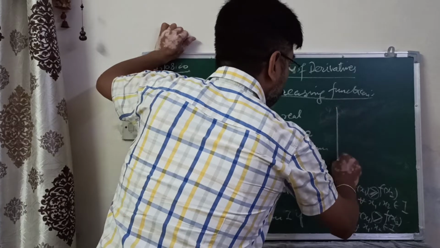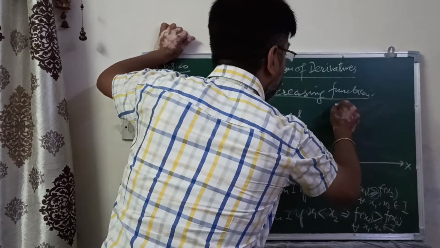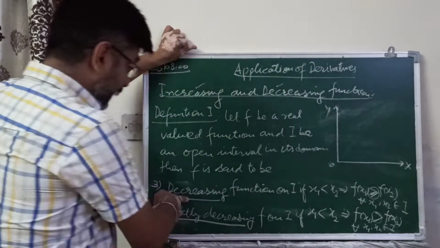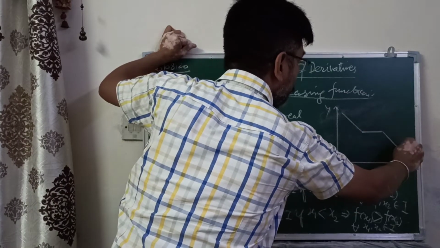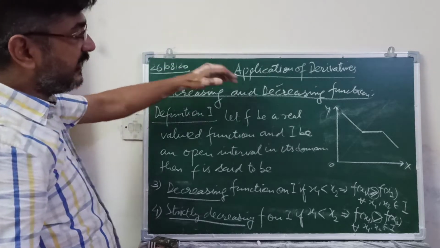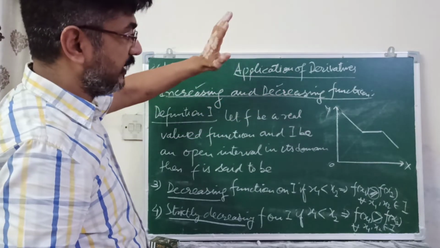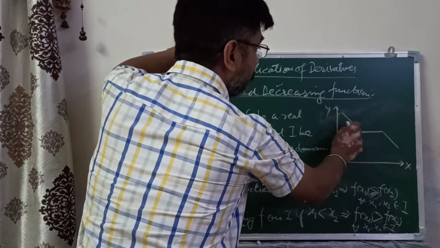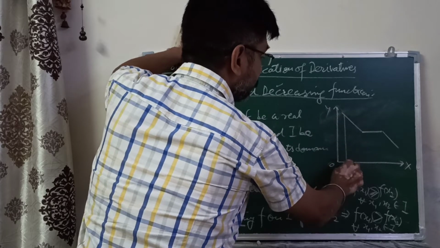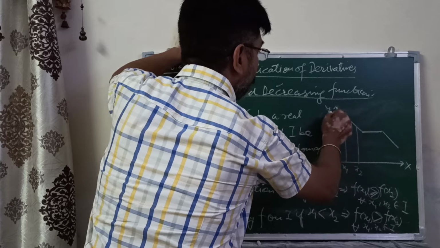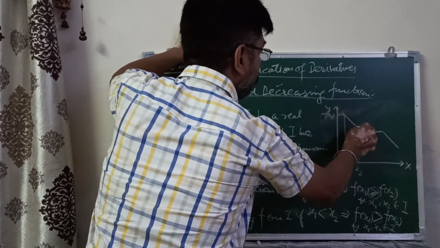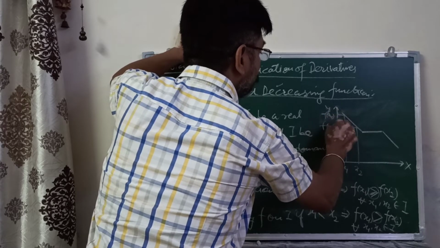Now there is a graph for decreasing function. If such a graph is there, then it is a decreasing graph only, because in this part this is x1, this is x2, fx1, fx2.